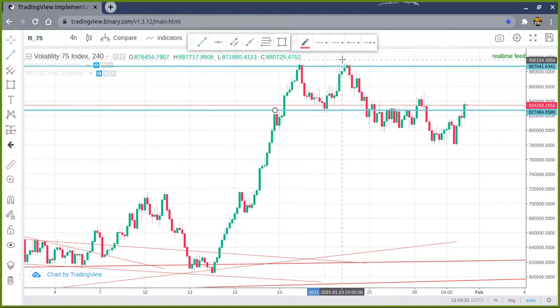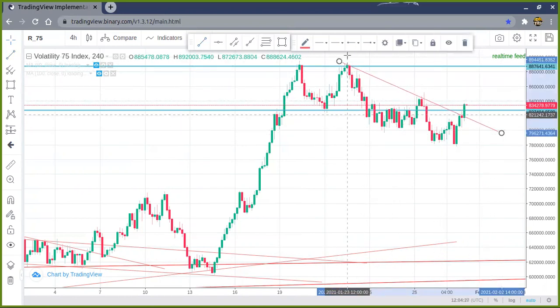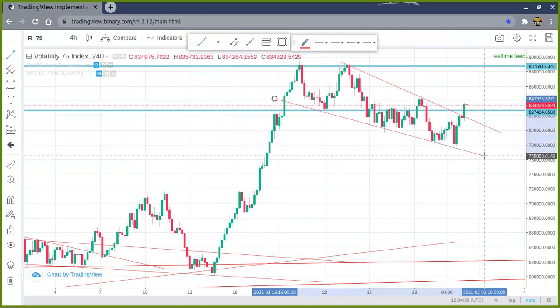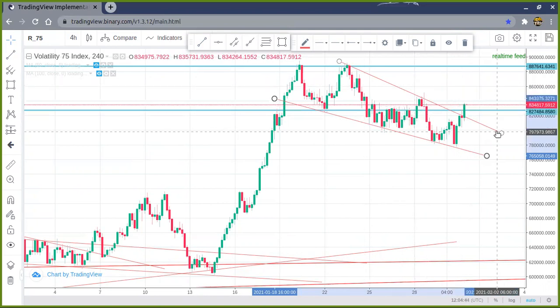You can draw another trend line from this top and then from the bottom to form an equidistant channel. And here is a live trade. The channel is broken.